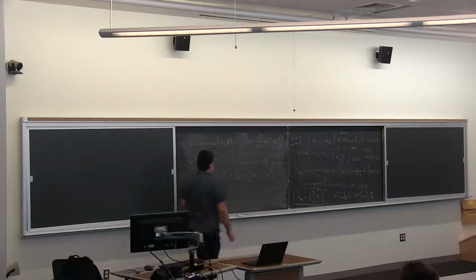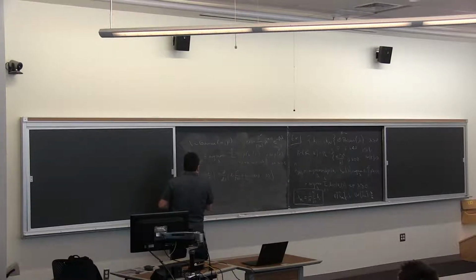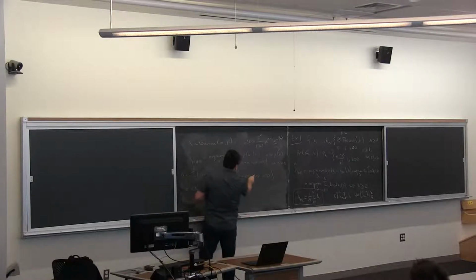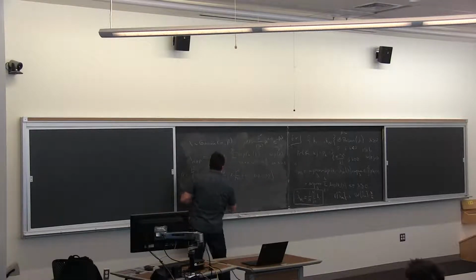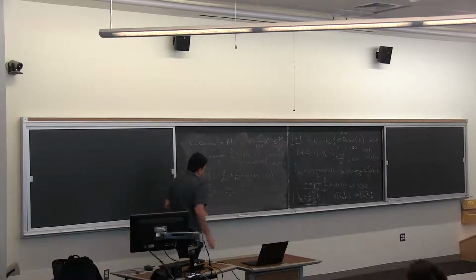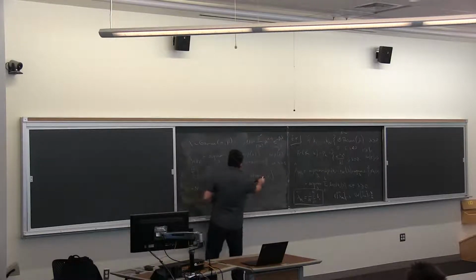Okay, so we're going to take the derivative. The first term doesn't have any lambda in it, so it's a 0. So we have here negative n plus 1 over lambda times the summation of the samples, right? And alpha minus 1 divided by lambda, similar to this term here, and minus beta.